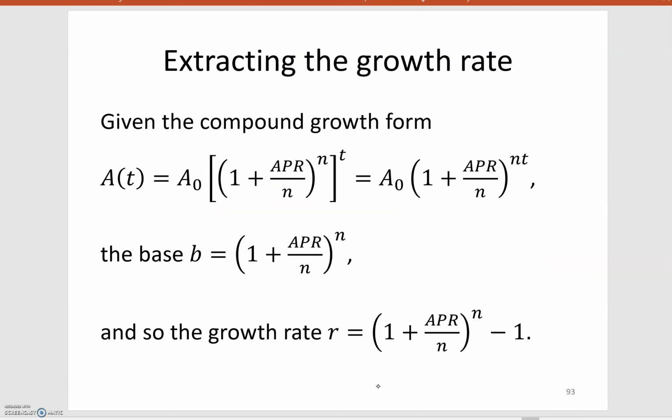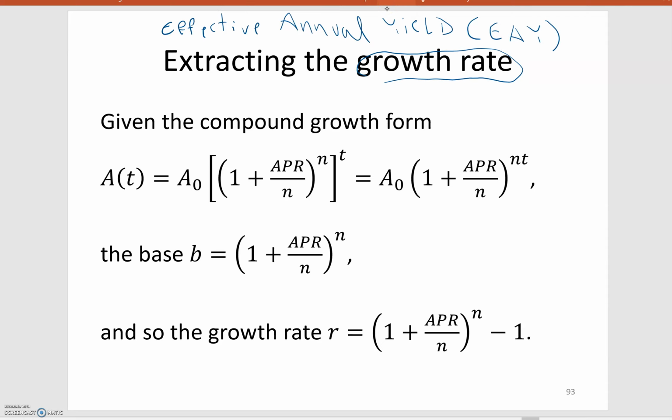So getting back to that effective annual yield thing. This slide says extracting the growth rate, but what we're really dancing around here is the terminology effective annual yield, which I will probably call EAY from here on out. So the point is that the effective annual yield and the growth rate are the same thing.